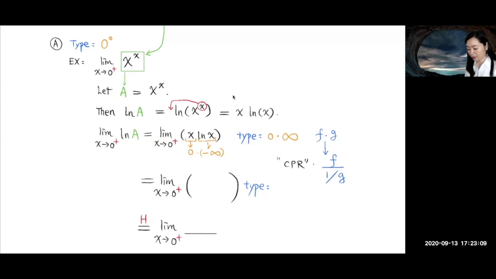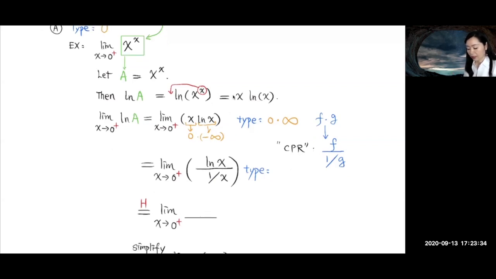We want to keep the complicated function on top, as was the strategy we mentioned before. Out of these two functions, Ln of x is more complicated, so we keep Ln of x in the numerator and divide by the reciprocal of x.